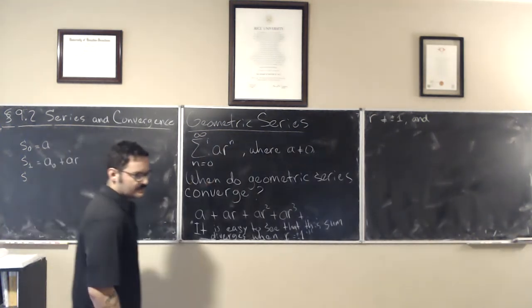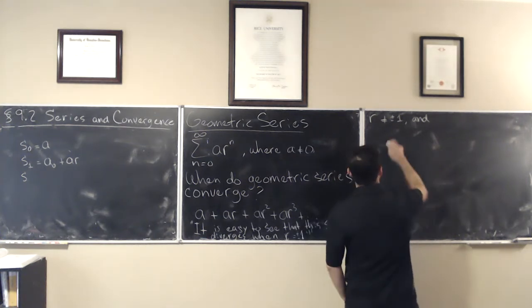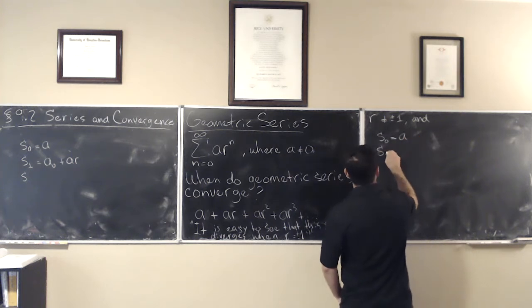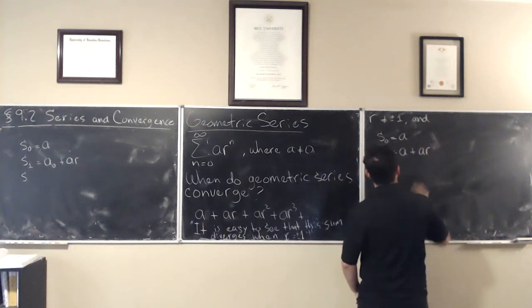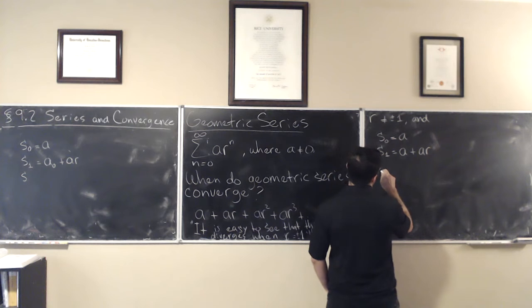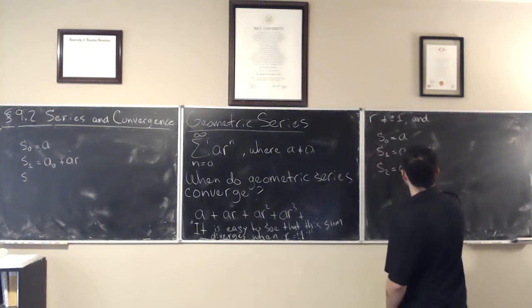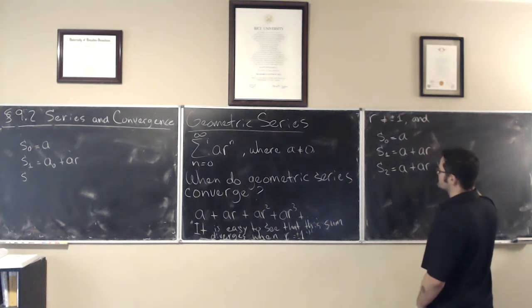For some reason, I was not thinking correctly and was writing up the partial sum incorrectly, because if you look at S0, it's equal to A, S1 is equal to A plus A times R, and S2 is equal to A plus A times R plus A times R squared.